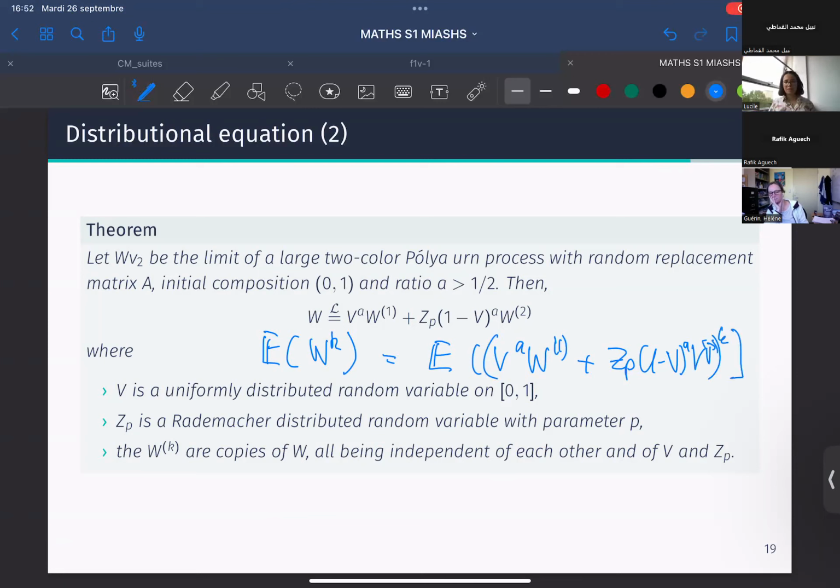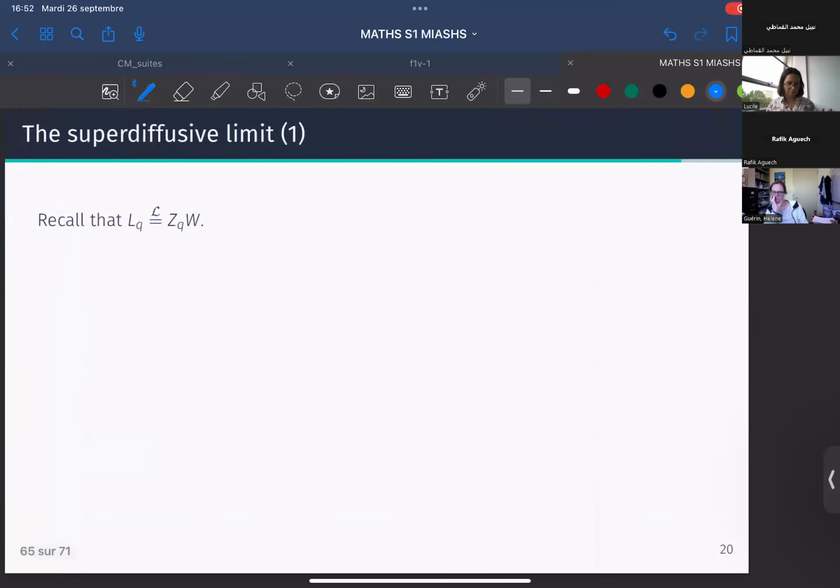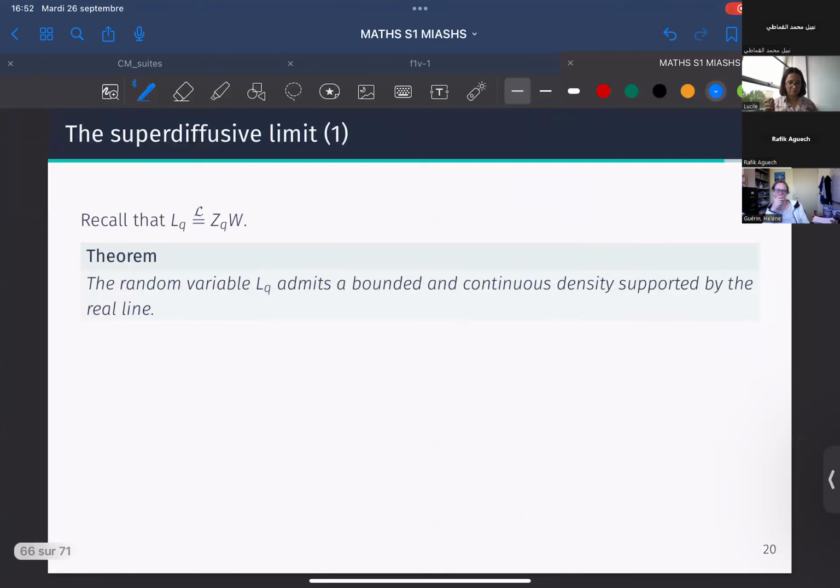So here we can compute all the moments of the random variable W, because if we have all the moments up to k, then we have the k plus 1 moment, because here we developed it thanks to the Newton formula. Okay, so this is one of the things we can show.